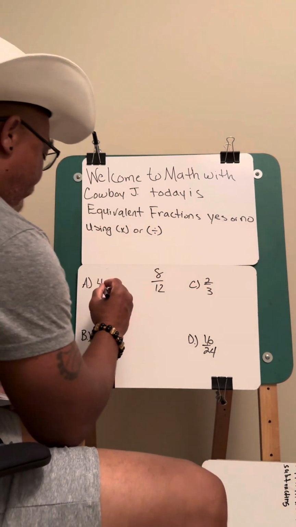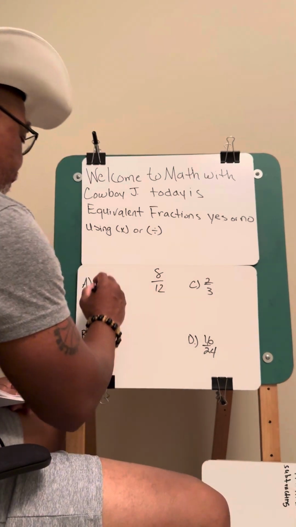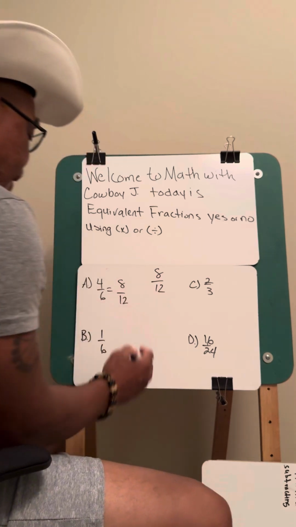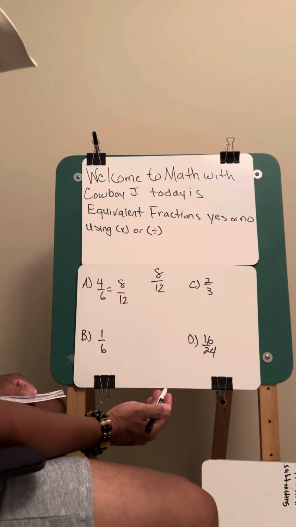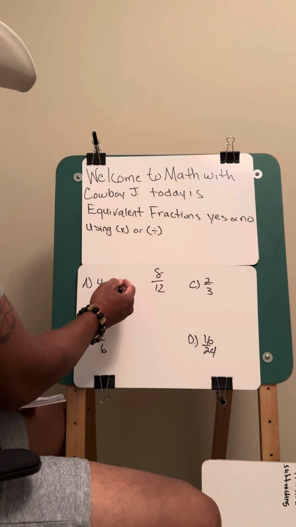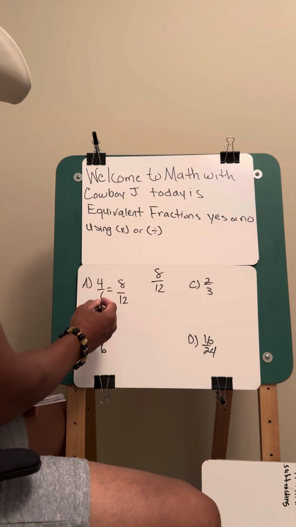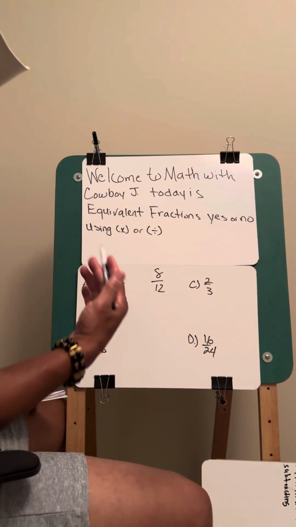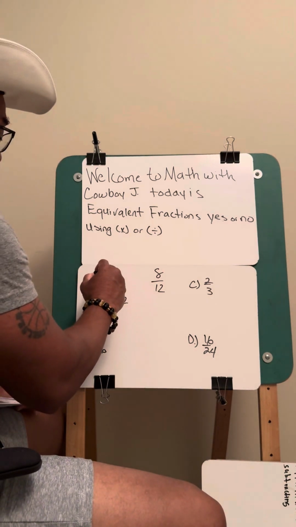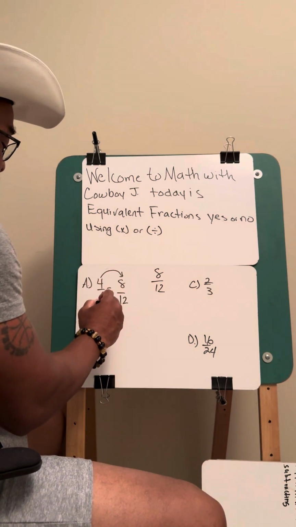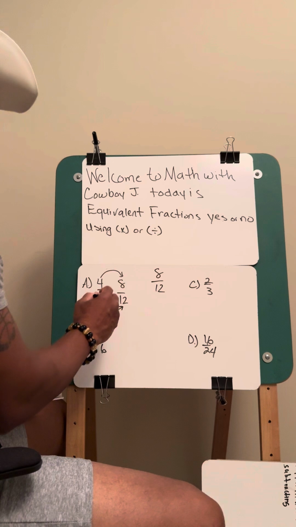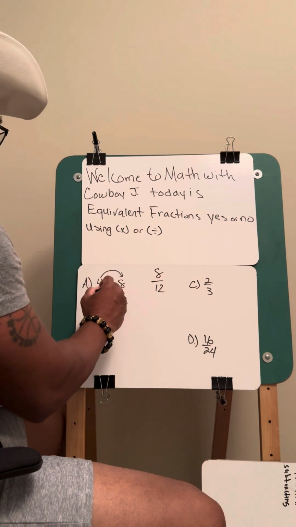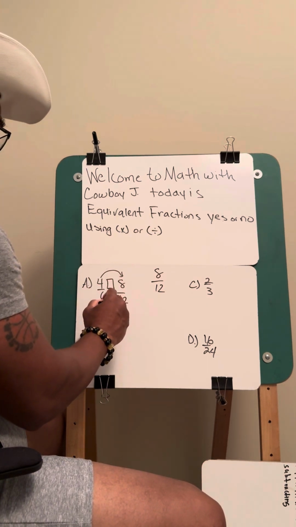So I gotta set my problem up. 4/6 is equal to 8/12. I gotta make a decision. Do I want to go from a big to a small, or do I want to go from a small to a big? In this case, if I'm a strong person with multiplication, I'm gonna go small to big after I set my problem up.